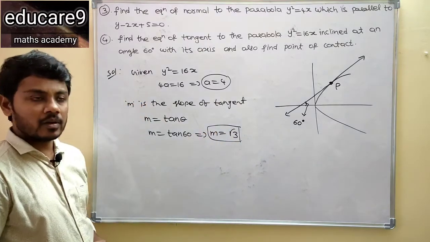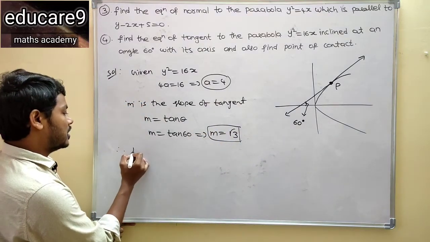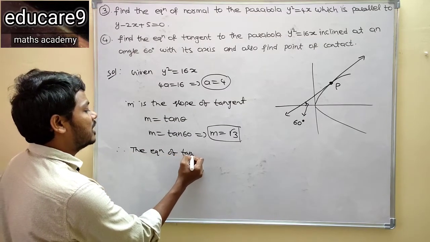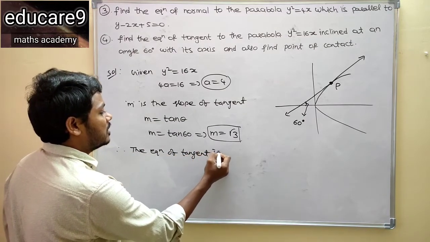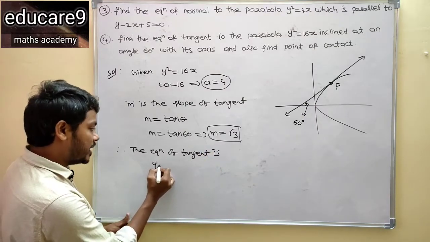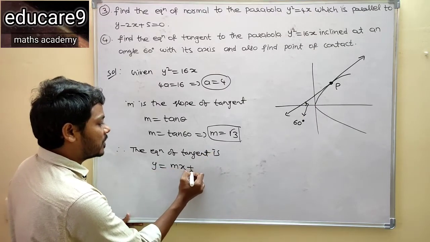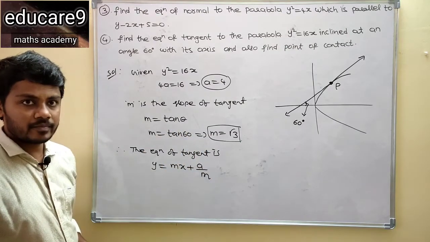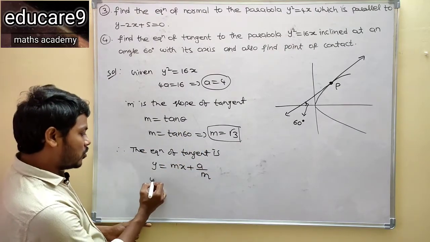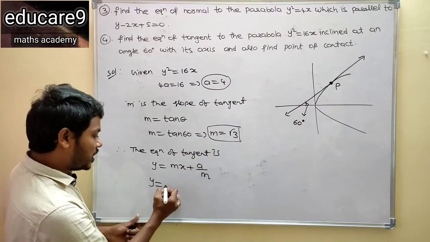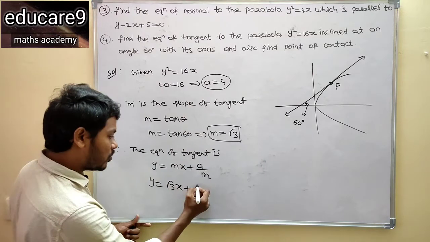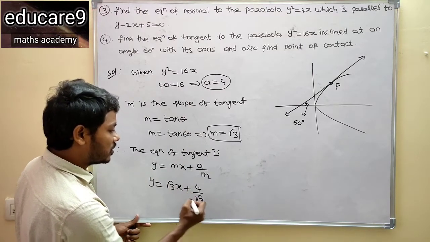Okay, so therefore, the equation of the tangent is y is equal to mx plus a by m. Now y is equal to, m is what? Root 3 x plus a is what? 4 by root 3.